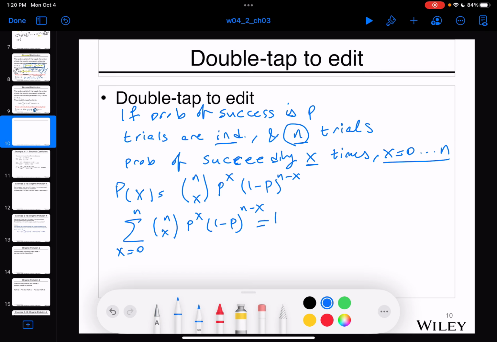And this is according to the axiom of probability. That was one of the axioms, that the sum of probabilities is 1. Okay?